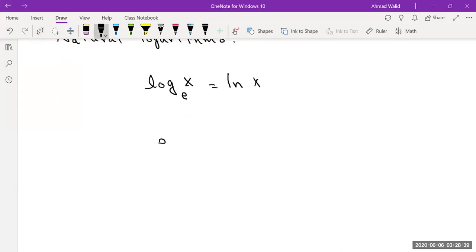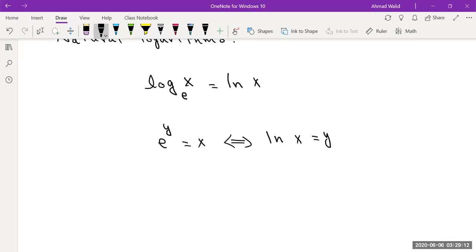If you have e to the power of y equal x, correct? Easily from here you can say ln x equals y. Exponential form, logarithmic form. If I have e to the y equal x, then ln x equals what? y.